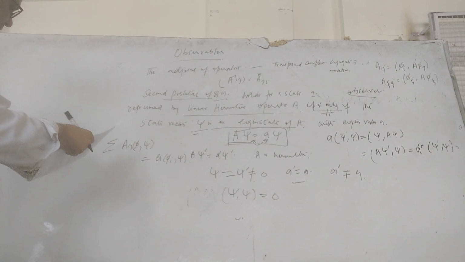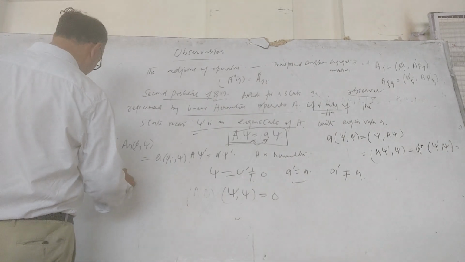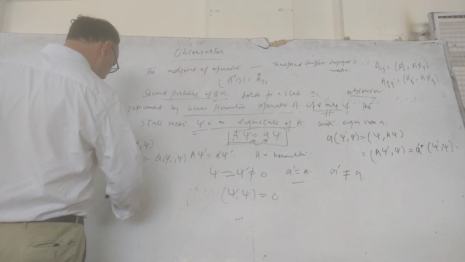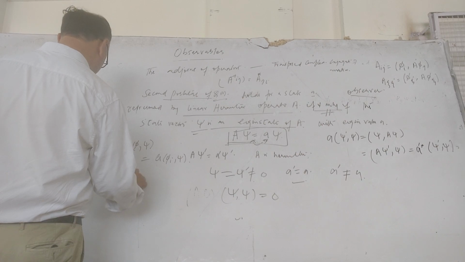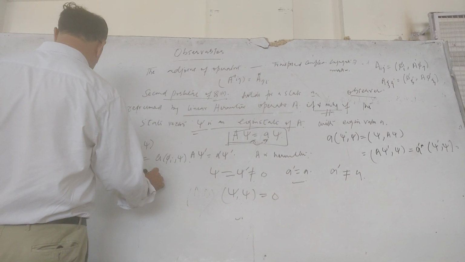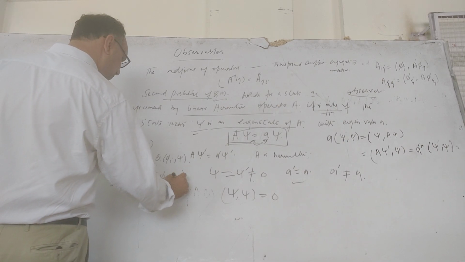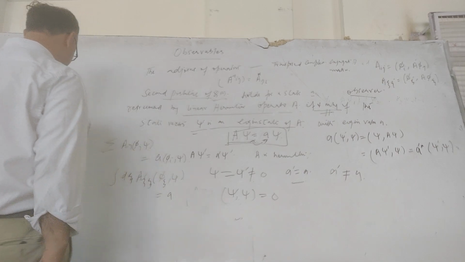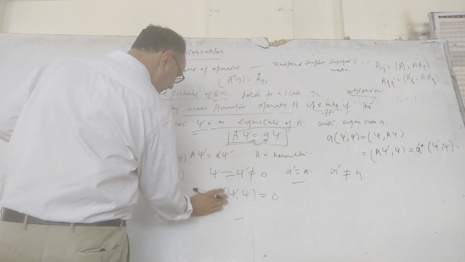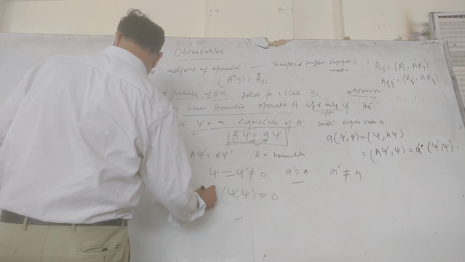Or else you can say the integral of d zeta, A(zeta, zeta prime), phi(zeta prime) psi will be a times psi(zeta).